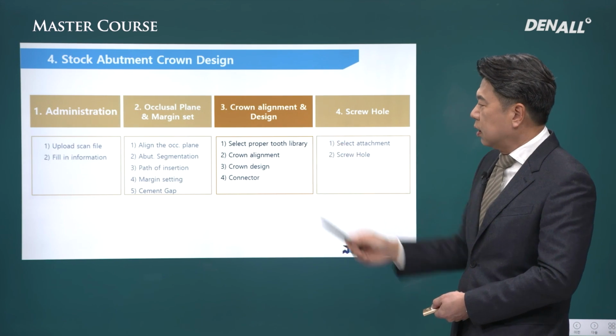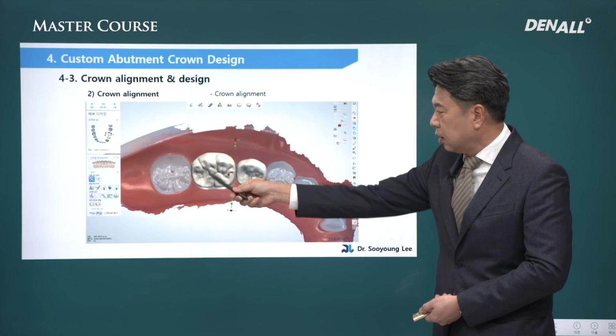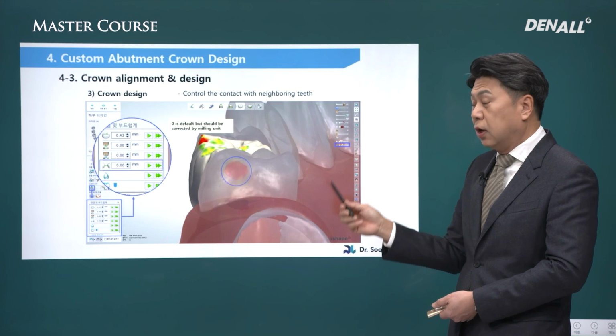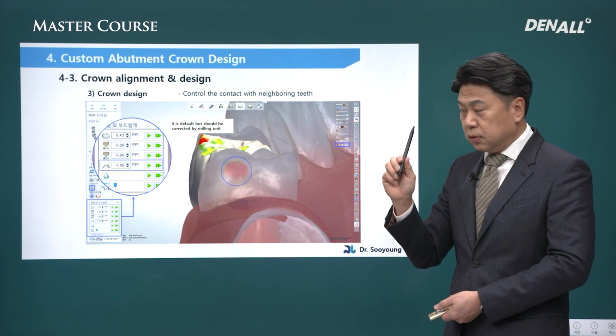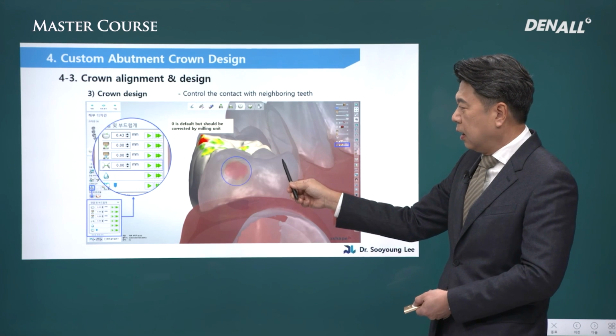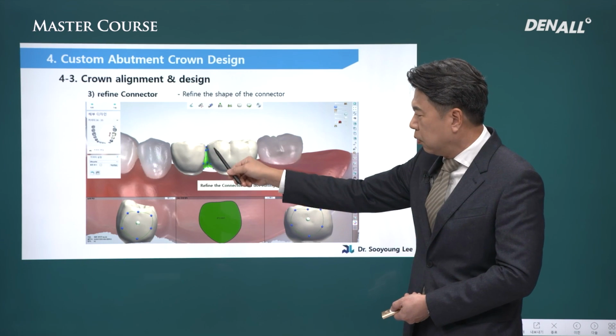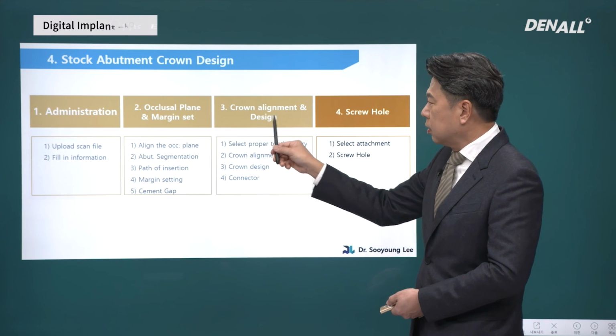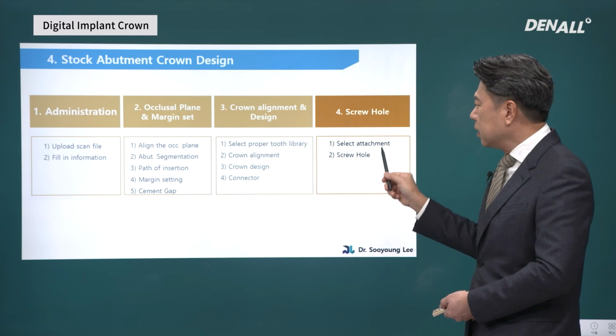And the crown design is almost the same. The setting values are selected, and the crown needs to be designed very aesthetically. For the custom abutments, the abutments were designed first, but here crowns need to be designed, and for splinting, the connectors should be attached. The process is the same.